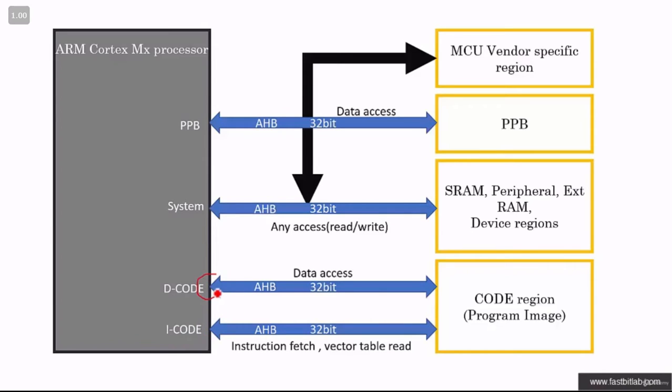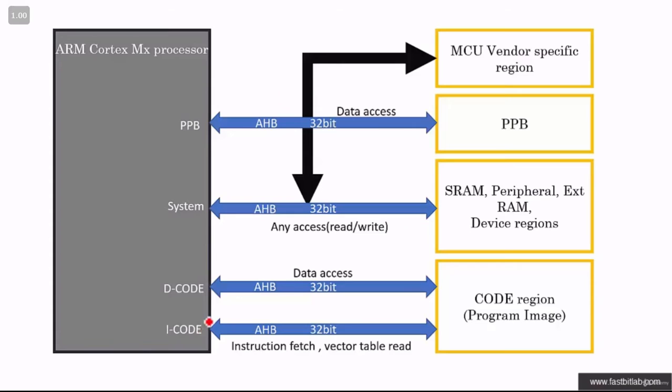And from the D-code bus, which is also based on AHB bus protocol, it is going to access data from the code region. What kind of data do you store in code region? Like constant data or any tables, something like that. That means the processor uses 2 dedicated bus interfaces to fetch instruction and data simultaneously from the code region.